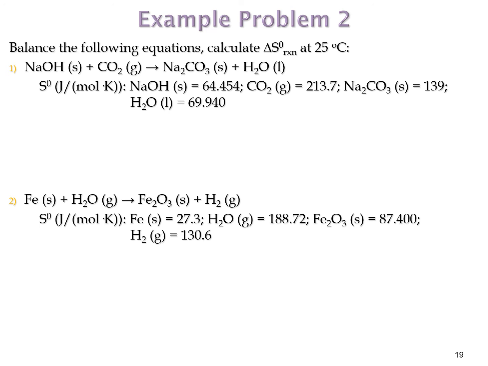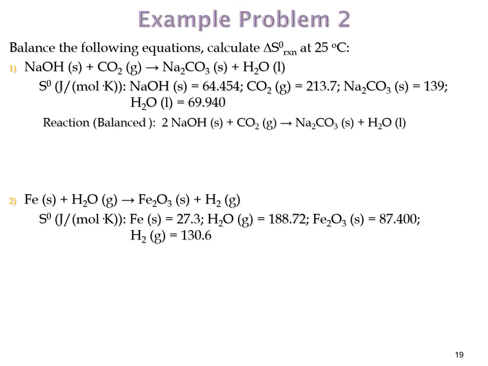This kind of reaction is quite obvious because we are given the standard entropy of everything, and then we're going to calculate delta S0 of the reaction. First things first, we need to make sure that we have the reaction balanced. Without a balanced reaction, we're going to get the wrong coefficients. Once we get the wrong coefficients, we are not going to get the calculation right.